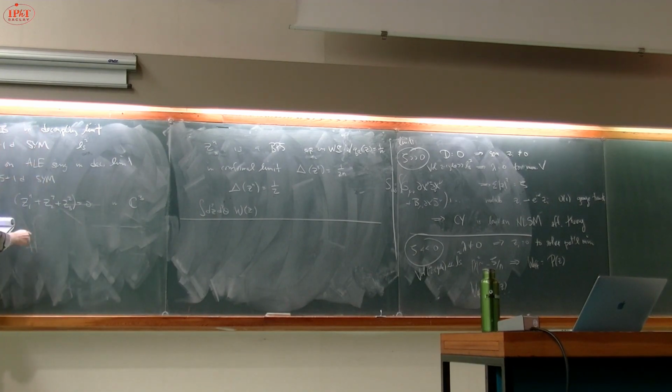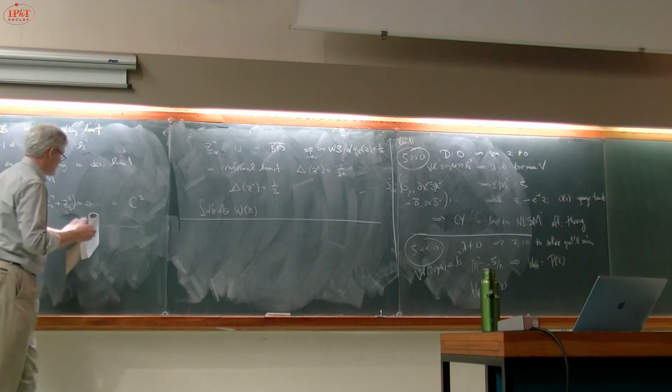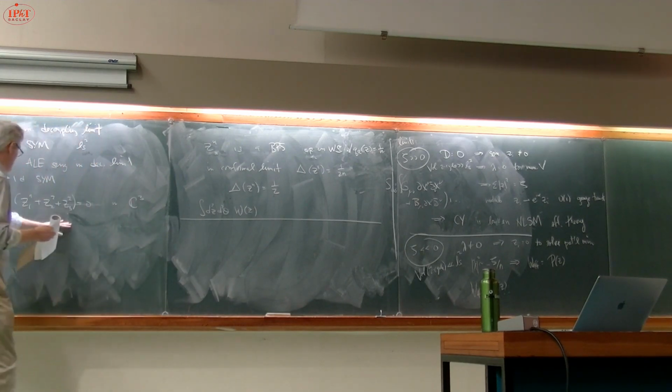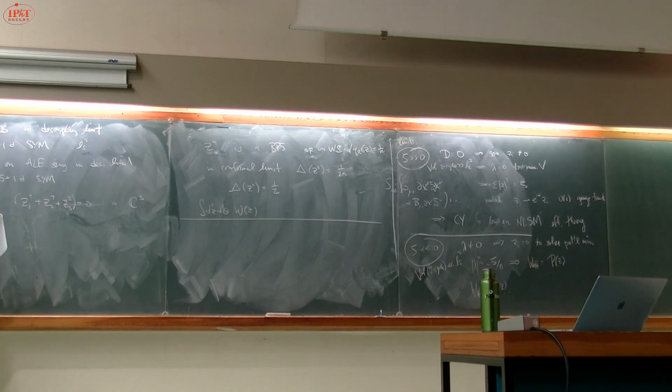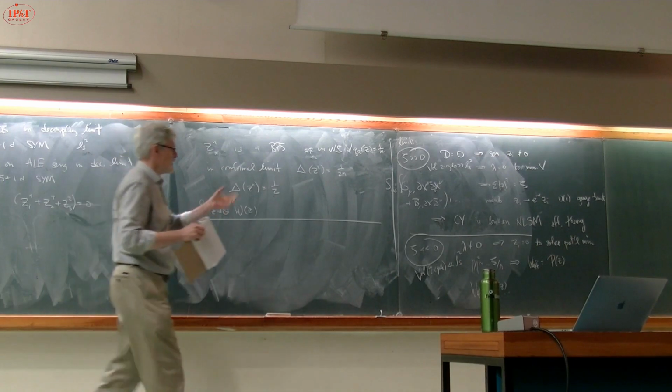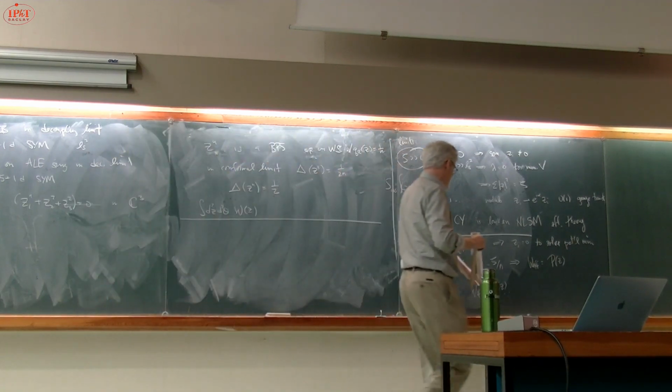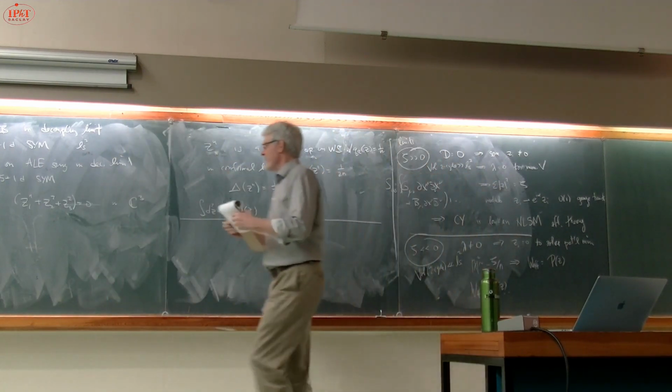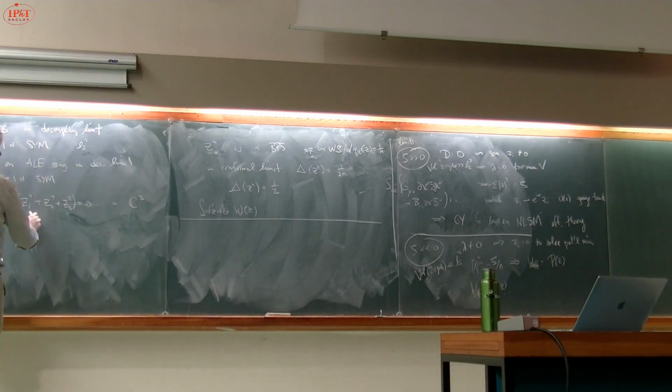Now, we want the same sort of local structure that gave us some kind of worldsheet superpotential describing the structure of our non-compact Calabi-Yau.